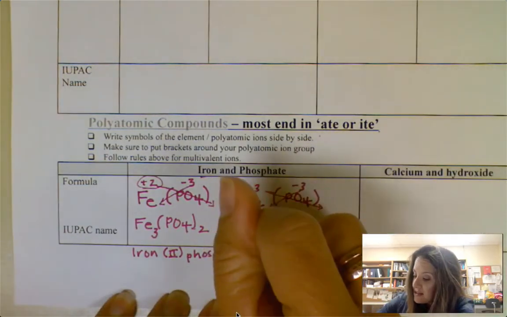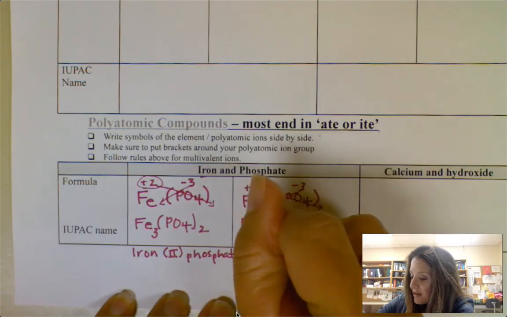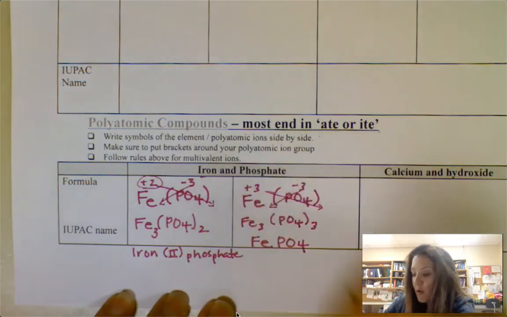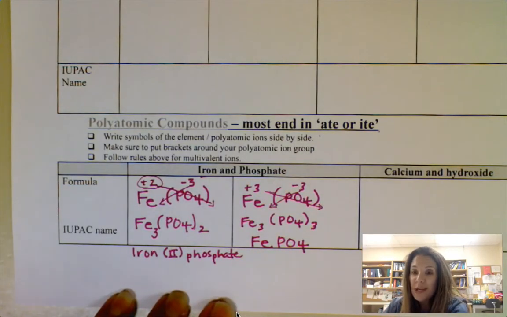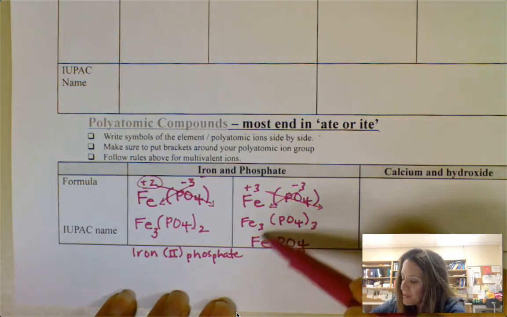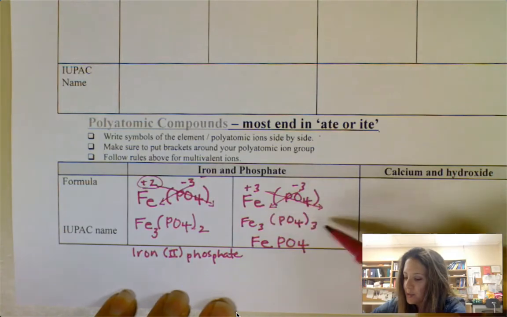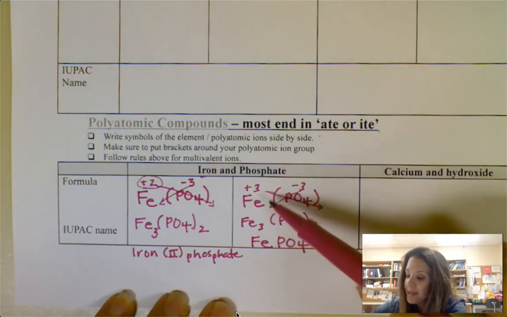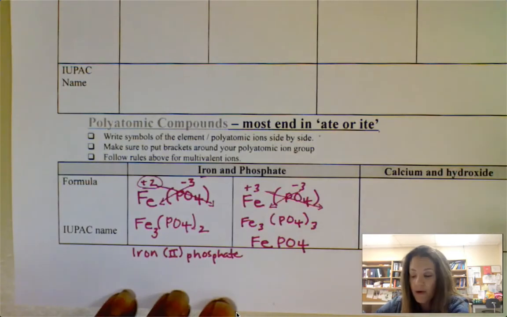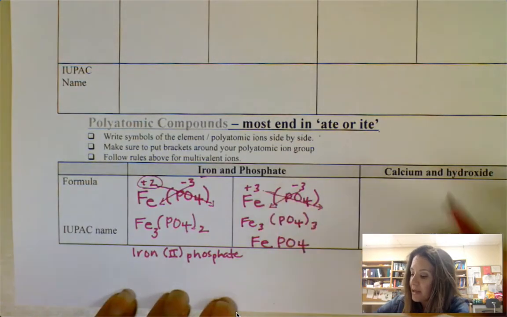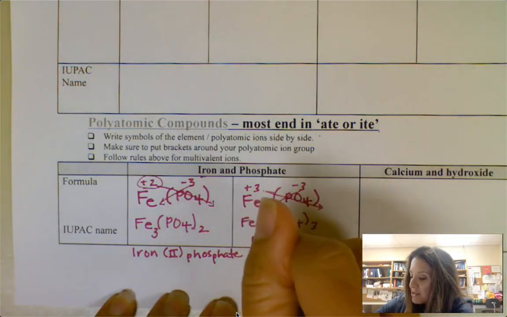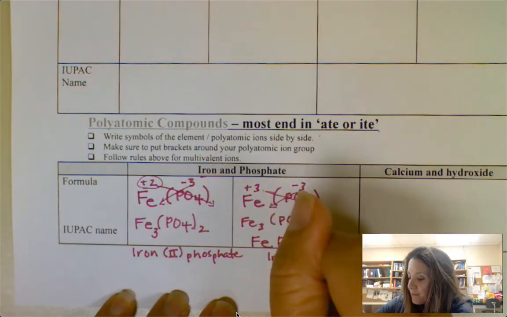So in this case, FePO4. When you go to name these, you have to be really careful. It would appear as if there was a 1 because we've reduced our subscripts, but you have to go back to before the crisscrossing happened: what charge did you pick for iron? In this case, you picked a 3. So this compound is iron(III).